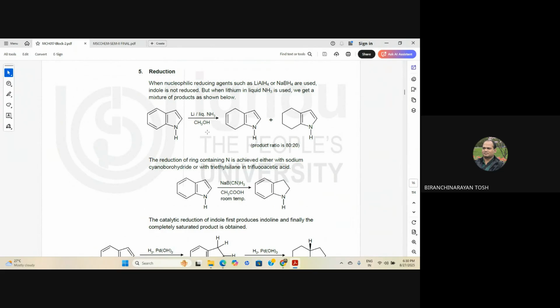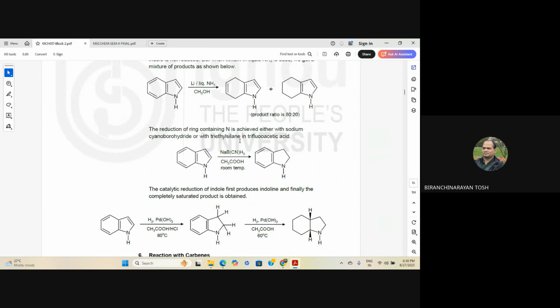If you are taking lithium in liquid ammonia, then we get a mixture of products, where the benzene nucleus will be reduced, dihydro or tetrahydro product.